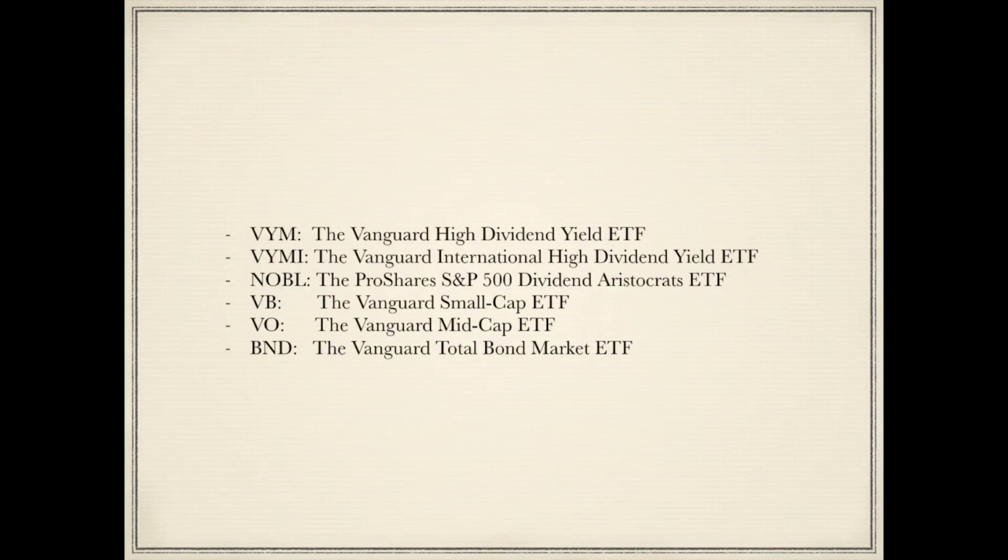The portfolio consists solely of ETFs, which are exchange-traded funds: VYMI, the Vanguard International High Dividend Yield ETF with a dividend yield of 4.58%; NOBL, the ProShares S&P 500 Dividend Aristocrats ETF with a dividend yield of 2.13%; VB, the Vanguard Small Cap ETF with a dividend yield of 1.55%; VO, the Vanguard Mid Cap ETF with a dividend yield of 1.35%; and BND, the Vanguard Total Bond Market ETF with a dividend yield of 2.88%.